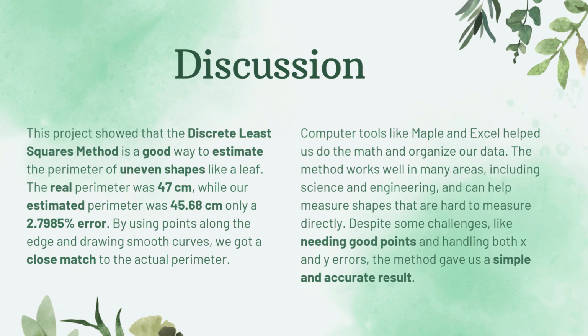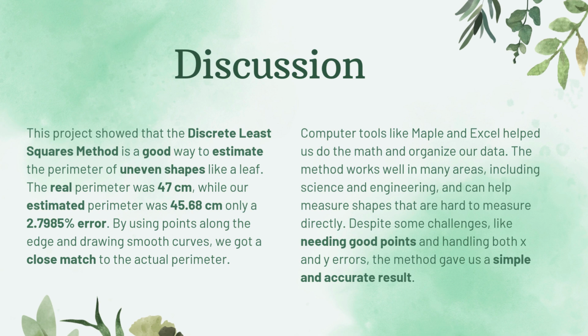This project shows that the discrete least squares method is a good way to estimate the perimeter of uneven shapes like this. The real perimeter was 47 cm, while our estimated perimeter was 48.68 cm, meaning a 2.7985% error. By using points along the edge and fitting curves, we got a close match to the actual perimeter.